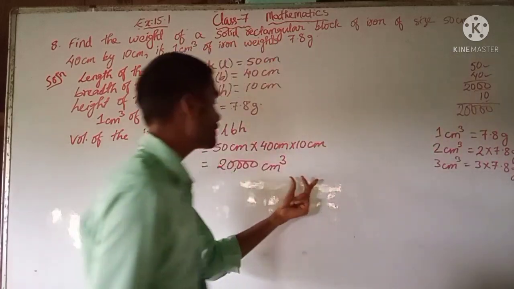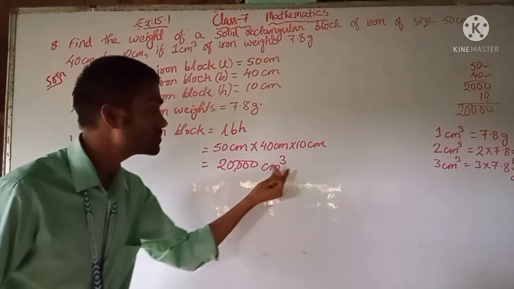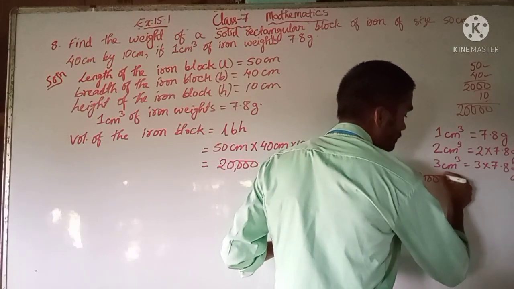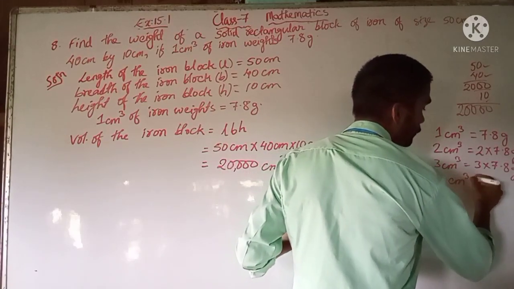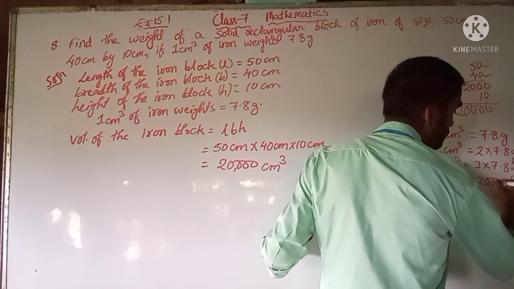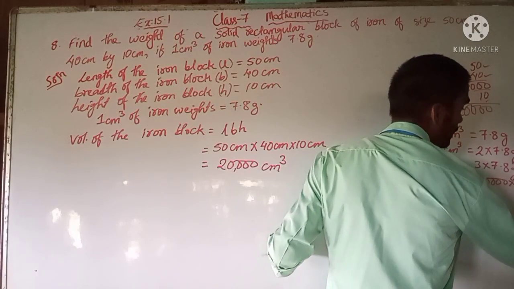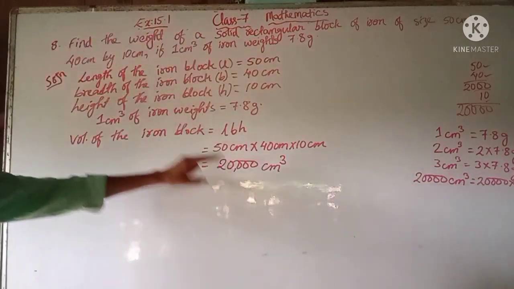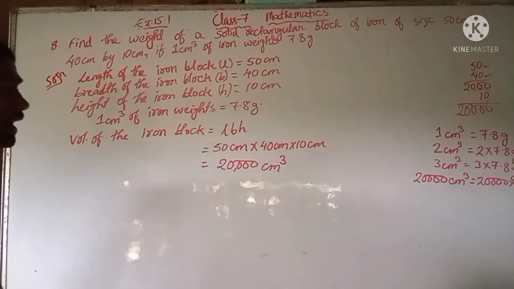In the same way, if I say about 20,000 centimeter cube, then it will be equal to 20,000 into 7.8 gram. So in that way we can find the weight of that iron block.